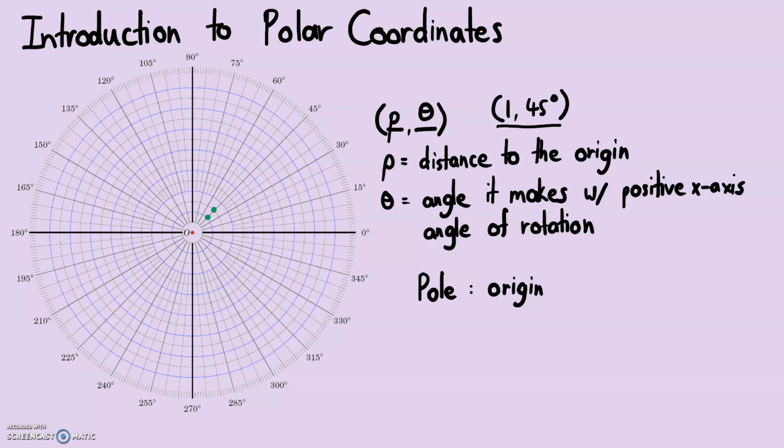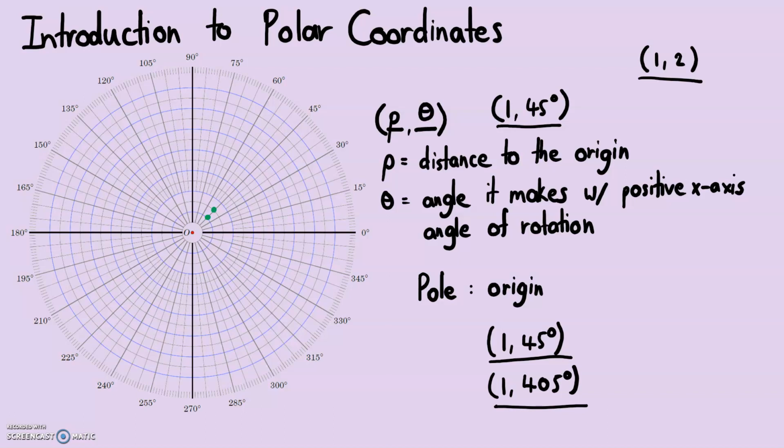One interesting thing about polar coordinates is that on a rectangular coordinate plane, for example, if I had a point (1, 2), there's only one point corresponding to it. But if I say (1, 45 degrees) on polar coordinates, there are other points that fall on the same point. You might guess that if you add 360 to that, you're going to end up on the same point.